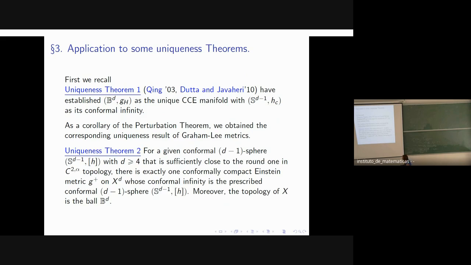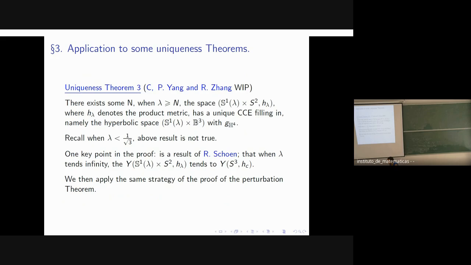So the uniqueness is a consequence of the compactness theorem. And as a result of this uniqueness, we know those condition 2 and 2 prime are equivalent. It turns out there is also an application of this uniqueness theorem in the case of S^1(lambda) × S^2.